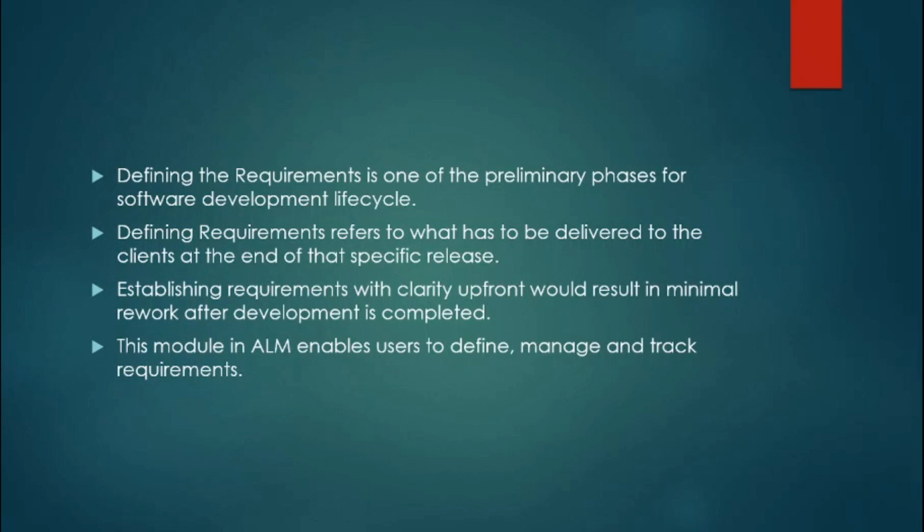But my requirement was to develop a mobile with 2 GB RAM and 32 GB internal memory. So the clarity in requirement is very important while the development is about to start.